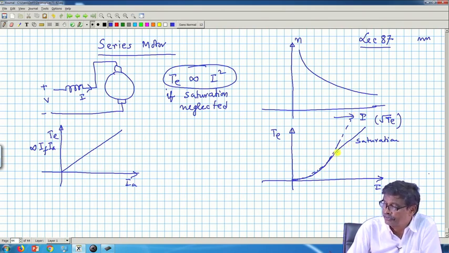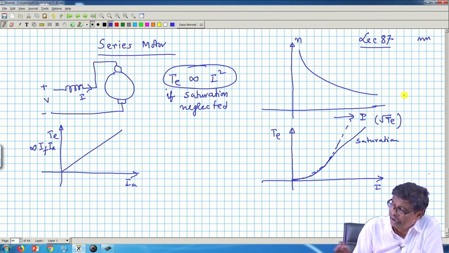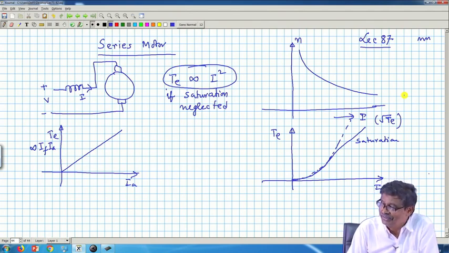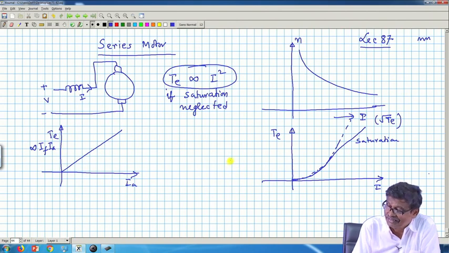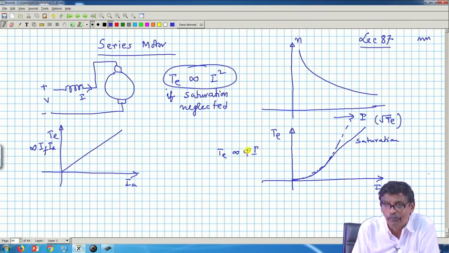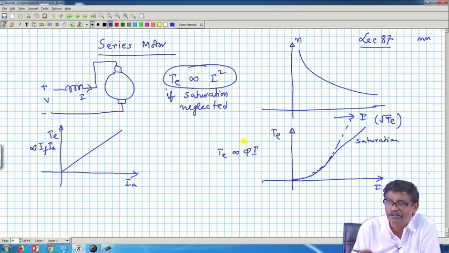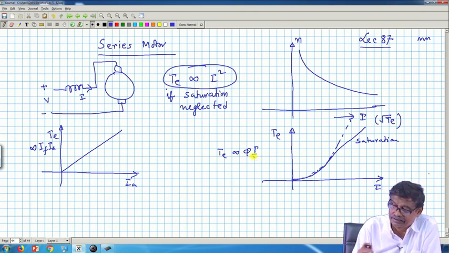With saturation, it will once again become proportional to I, the armature current. Initially phi is proportional to I, that is this portion. After that phi is arrested to a fixed value because of saturation, but torque is then proportional to I, and that is what we get.